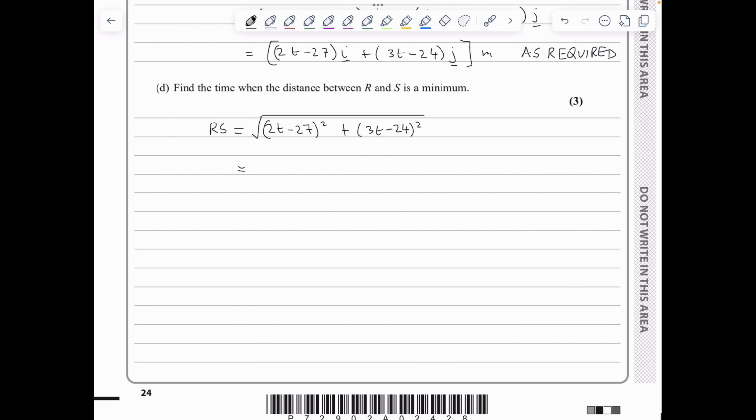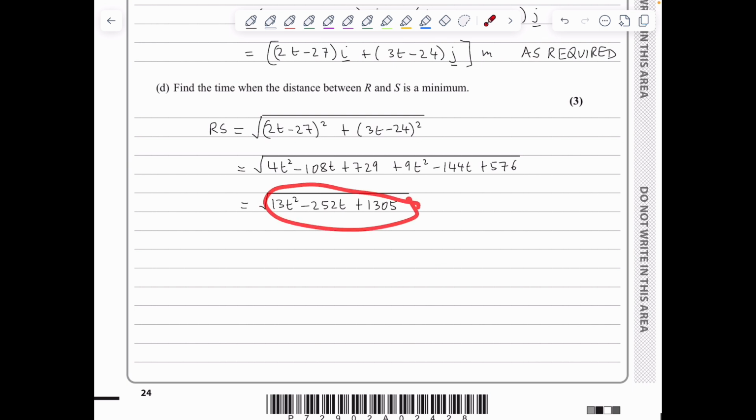I'm getting within the square root 4t squared minus 108t plus 729 plus 9t squared minus 144t plus 576. All of these under the square root. I will be collecting like terms together, which leads to 13t squared minus 252t plus 1305 square rooted.